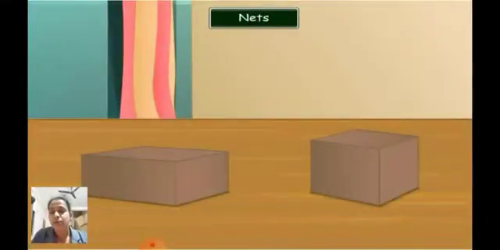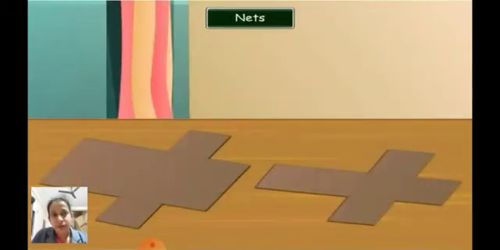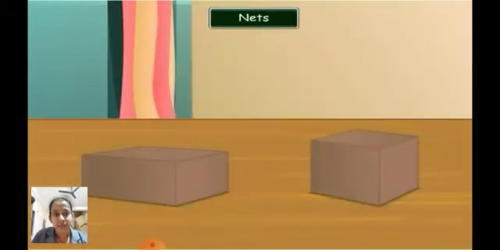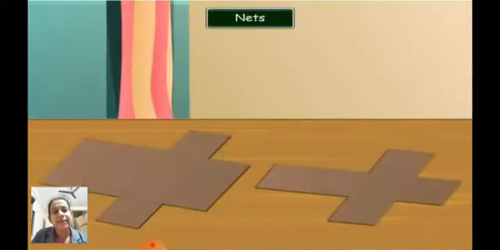Last year you learned what boxes look like after cutting them open and laying them flat. If you cut these boxes open and lay them flat like this, they will look like this, right? So let us revise what you have learned earlier.